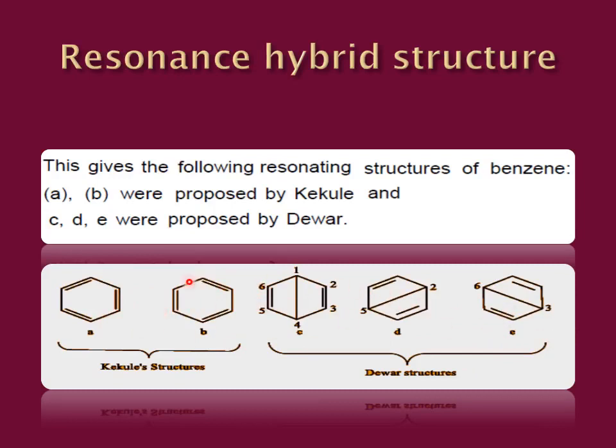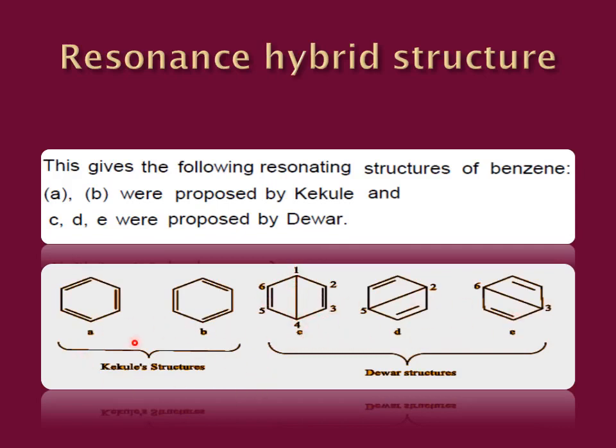But the contribution of Kekulé structures in the true structure of benzene is a little greater as compared to Dewar structures, because of this bond which has a larger bond length, which destabilizes the benzene ring. Therefore, the Kekulé structure is rather a stable structure that could be represented for benzene. But altogether these are called the resonance hybrid structures of benzene.